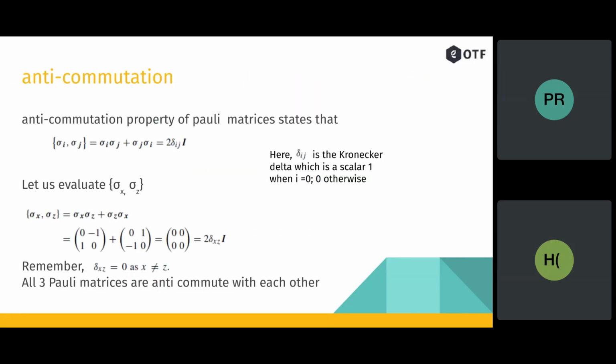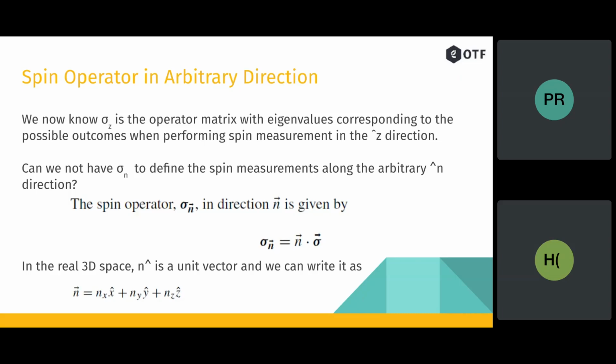Now I will move on to spin operation in an arbitrary direction. When we are trying to present the sigma operator or a matrix, correspondingly we want to calculate it in a direction. So n is there in a hyperspace.